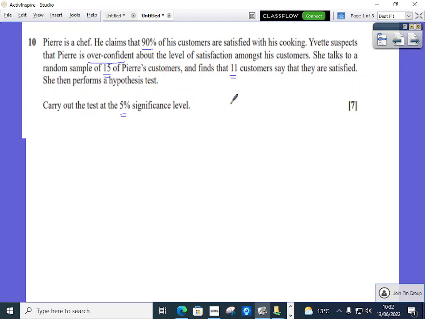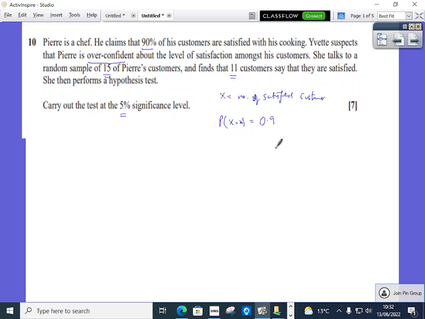So we're saying that let's call x equals number of satisfied customers, and Pierre reckons the proportion of satisfied customers is 90%, 0.9.